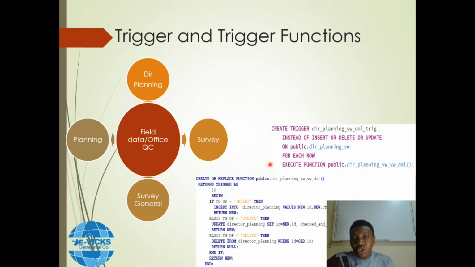Triggers and trigger functions are key features in the management and administration of property. We have different information coming in, and you need trigger functions to be able to transfer information from various tables, as well as communicate between these tables at the back end without having to repeat certain processes on and on again.